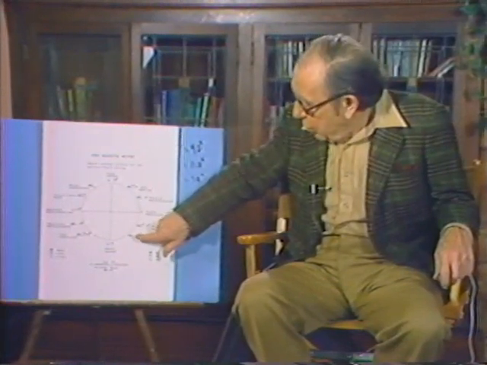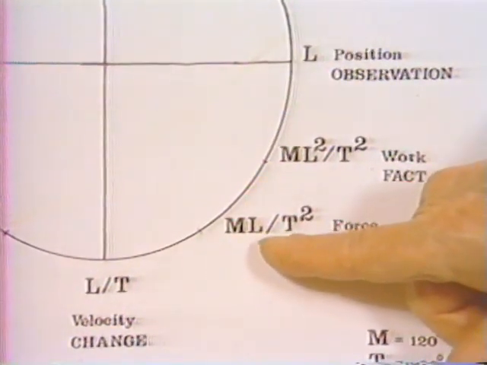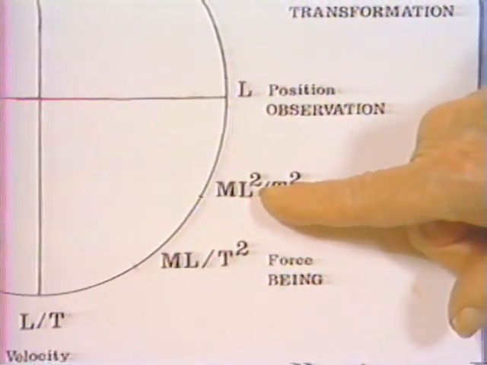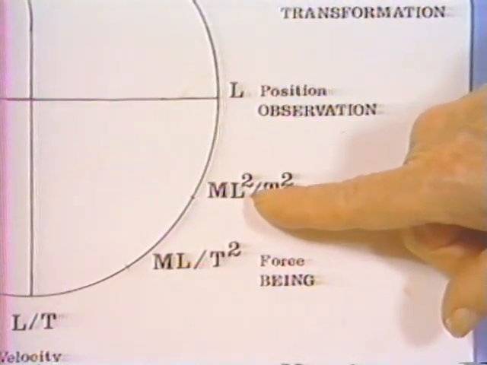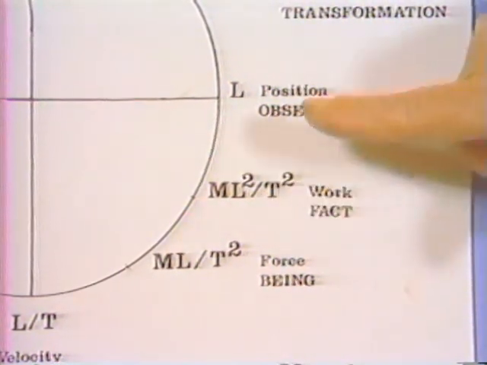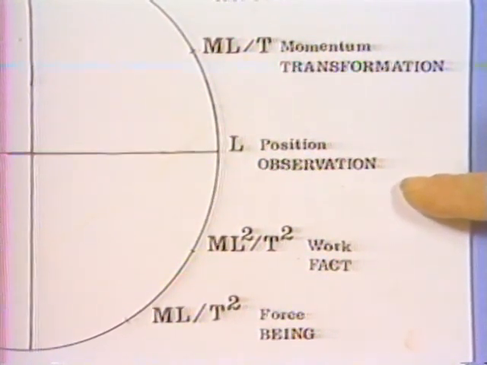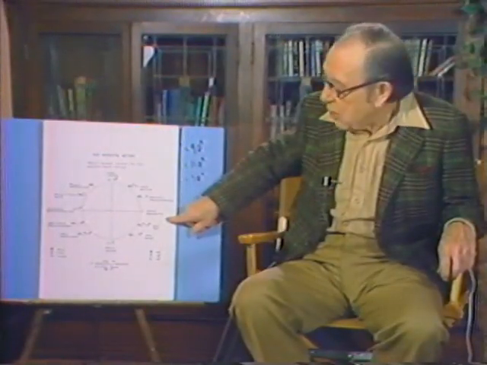Then we come to Leo, which is force or being, and of course Virgo is well described as work. Libra is position. Libra, the scales. You're looking at the scales and making a judgment. You're seeing what the position of the scales is.